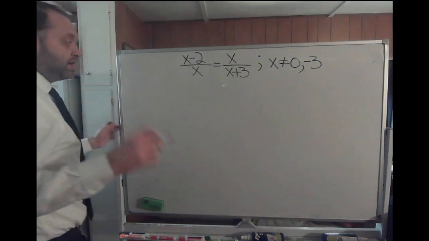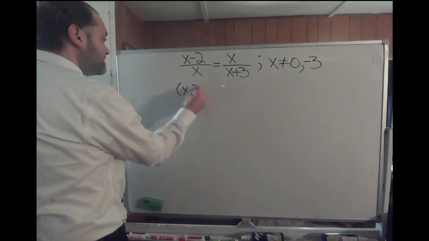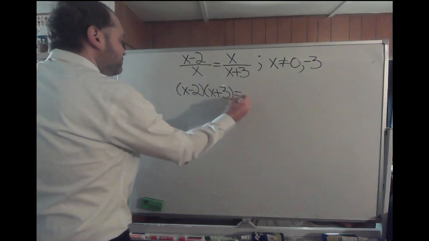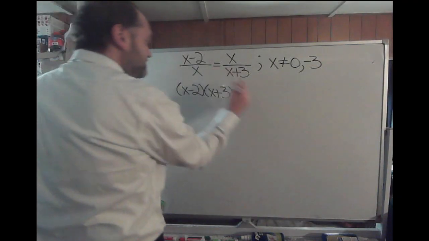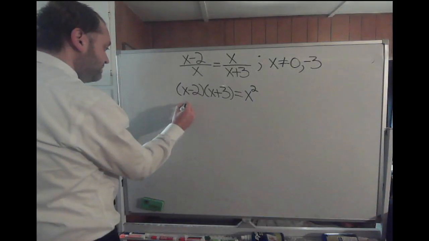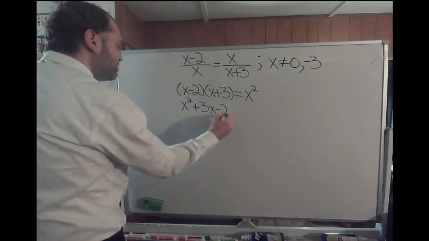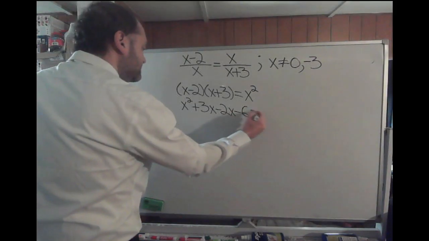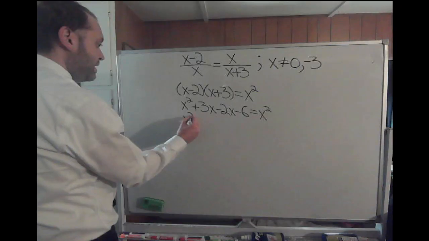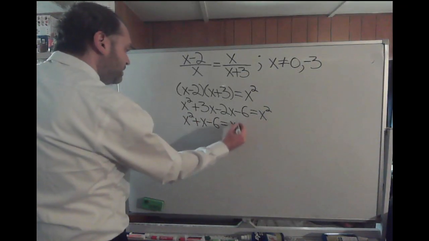So now set the product of your means here, which would be the quantity of x minus 2 times the quantity of x plus 3, equal to the product of your extremes. x times x is x squared. Now we FOIL, you'll end up getting x squared plus 3x minus 2x minus 6 is equal to x squared, which would then give you x squared plus x minus 6 equals x squared.